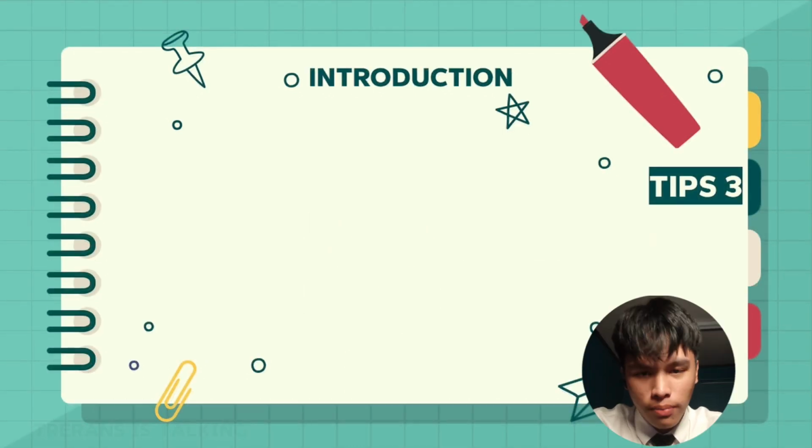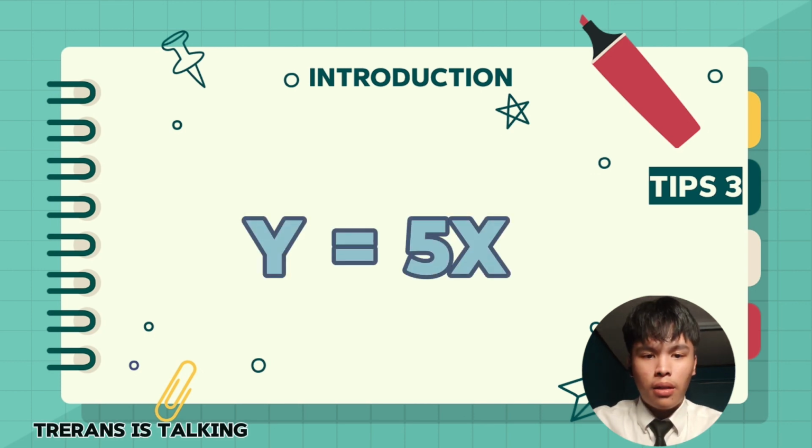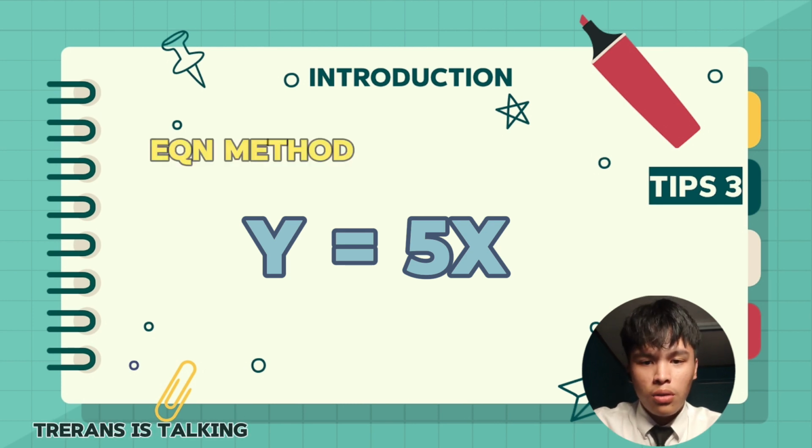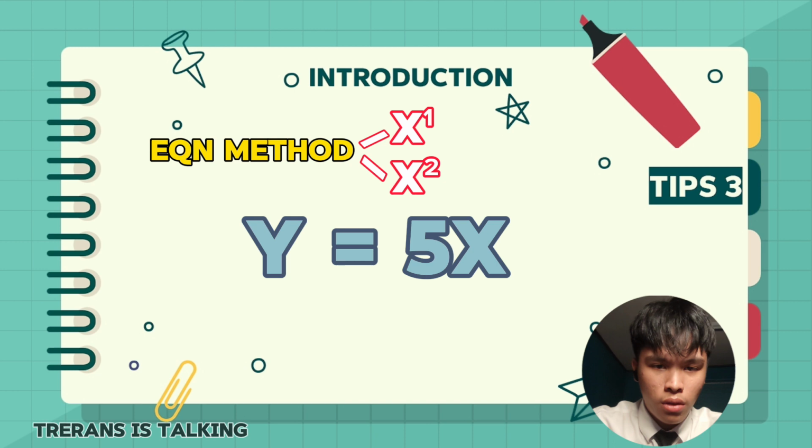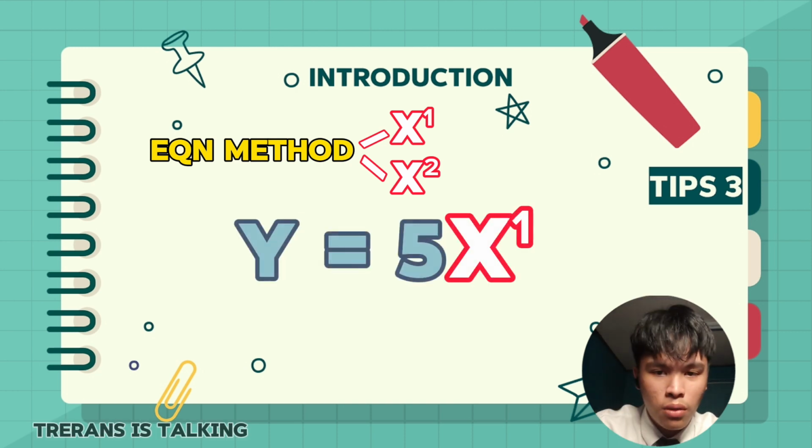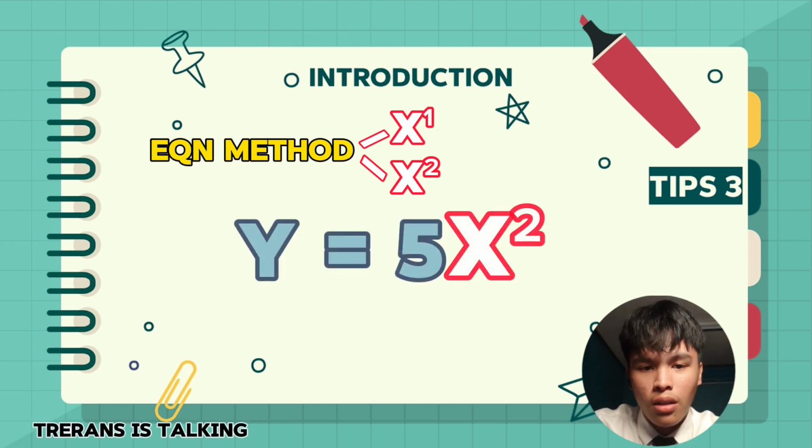The last tip I've got: each equation can be substituted if we already have the values of certain variables. For example, after using the EQN method in a scientific calculator and getting the values of x1 and x2, we can use the values of x1 and x2 to substitute into the equation that contains the x variable so that we can find the other variable in that equation.